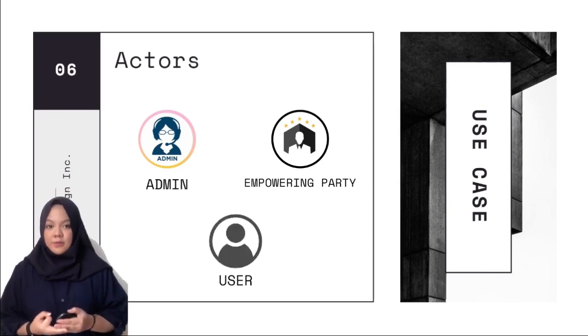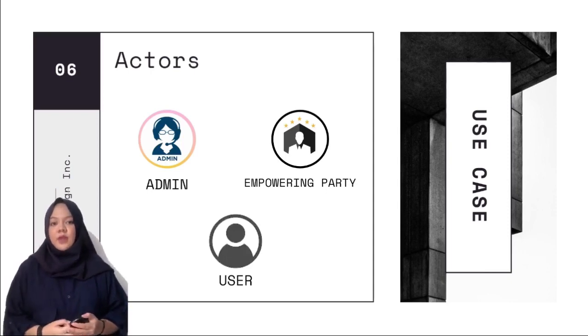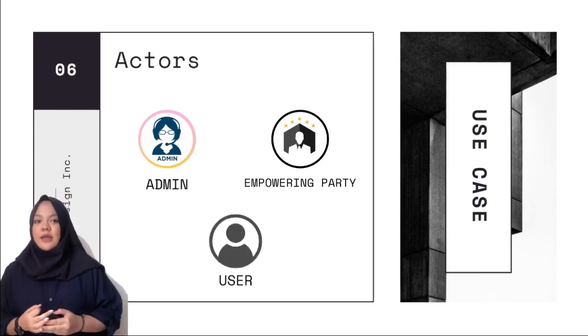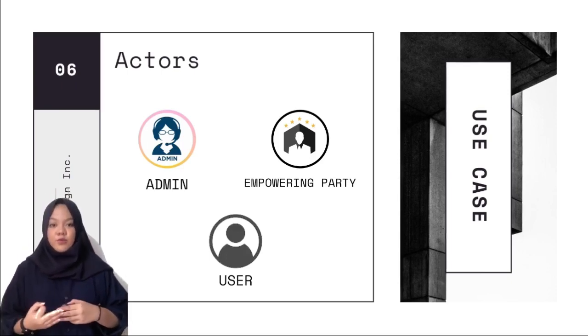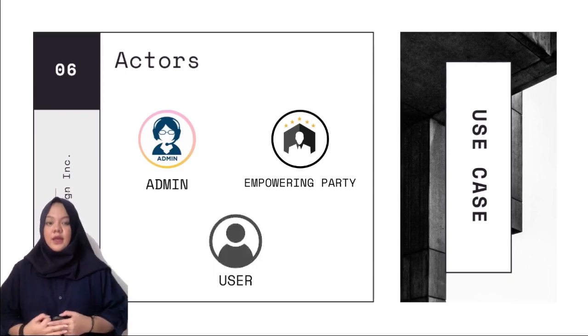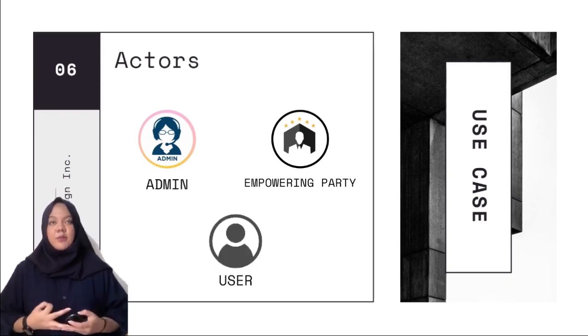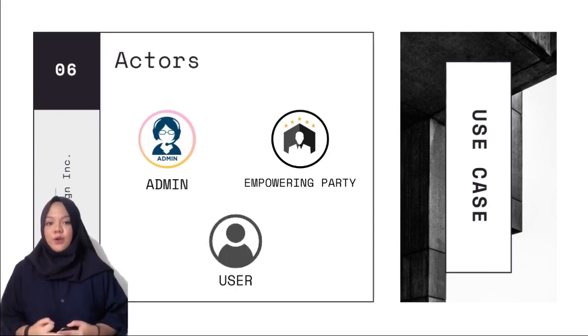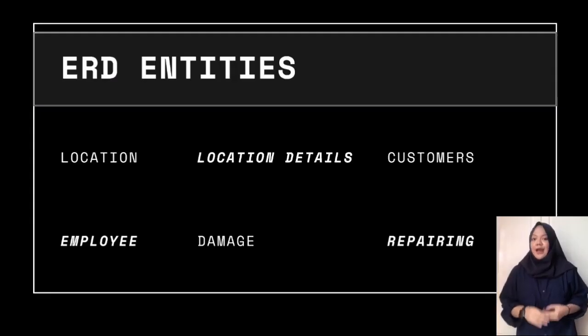For the admin, they can manage employee accounts, manage customer accounts, and manage locations. And for the empowering party, they can do approval, manage damage reports, and also manage repairing reports.